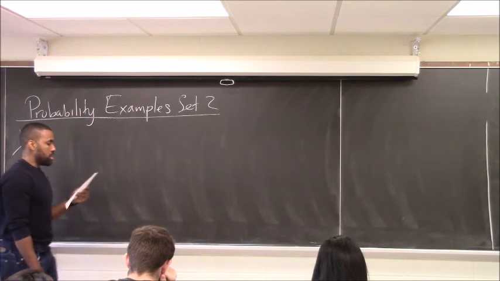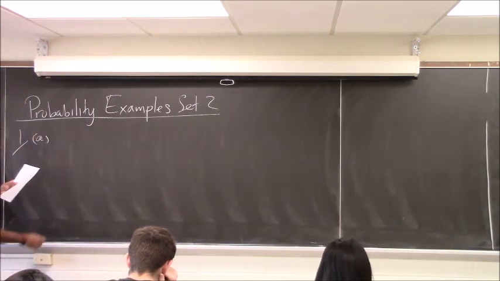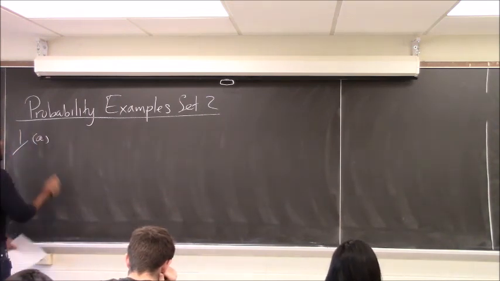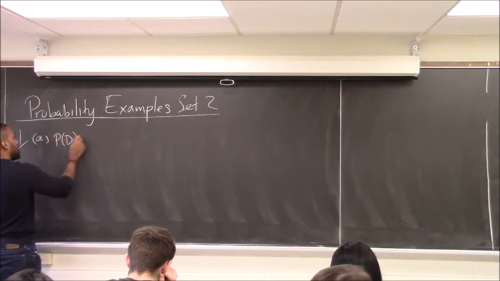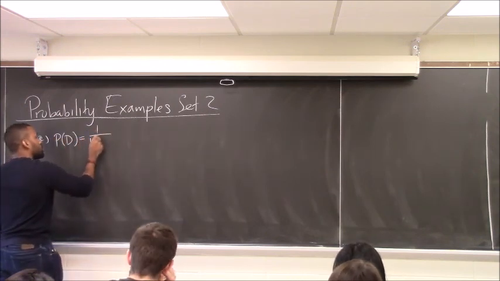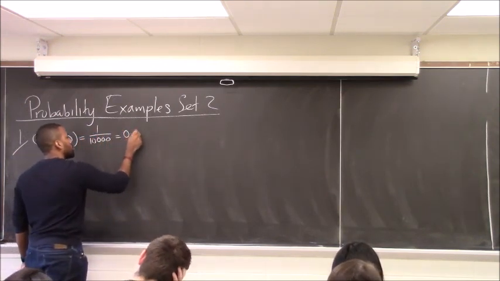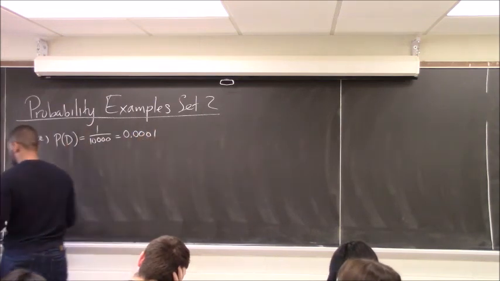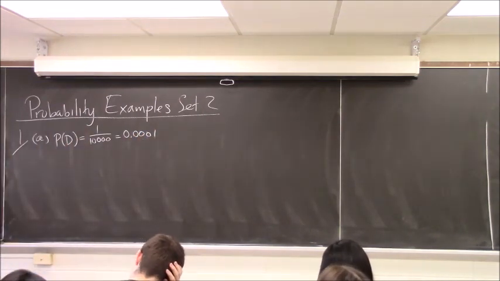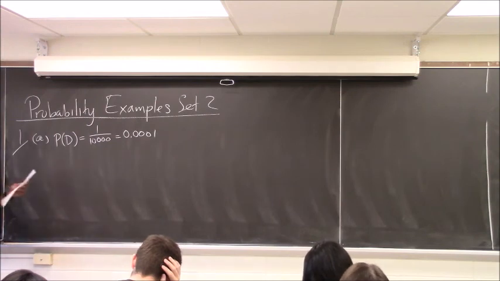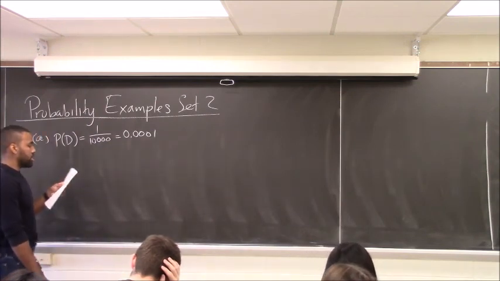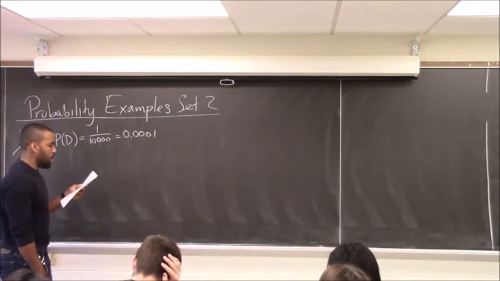So we had a rare disease that 1 in 10,000 in the population have, which basically was them telling you the probability of having the disease is 1 in 10,000. And you believe you have the disease, you get tested, and it comes back positive.